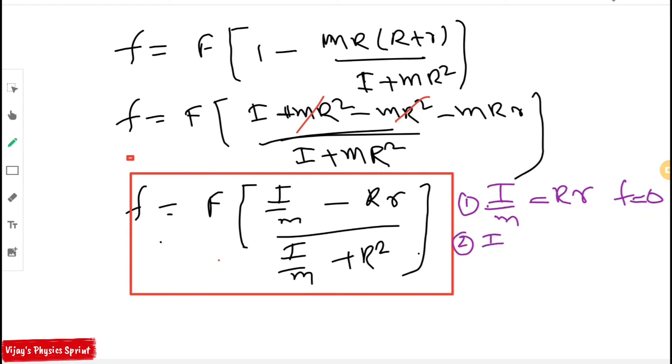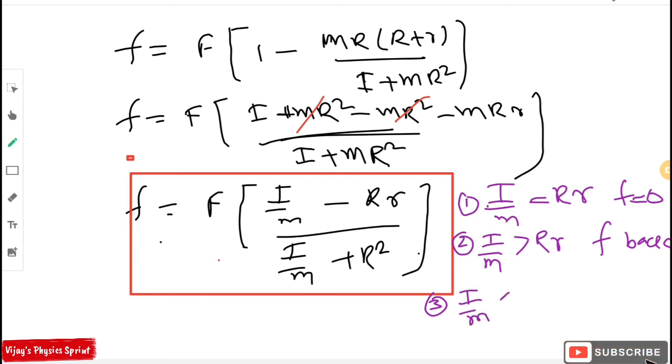If I by m is greater than Rr, then friction acts in the backward direction. If I by m is less than Rr, then the friction is negative, which means the friction acts in the forward direction.